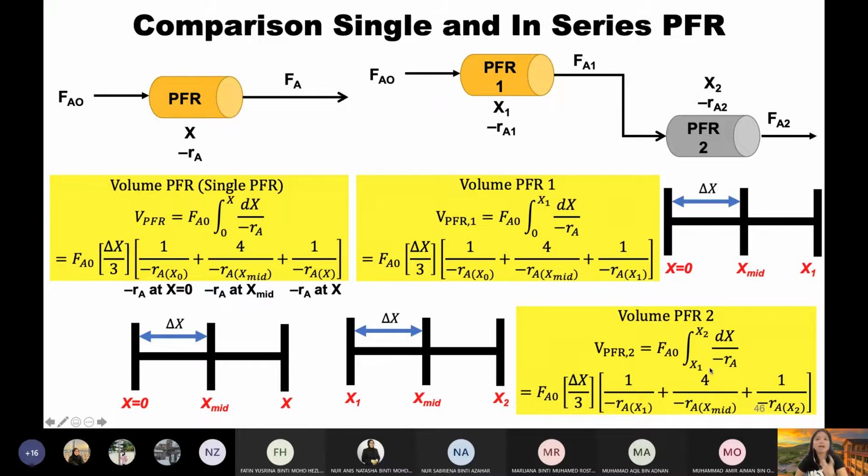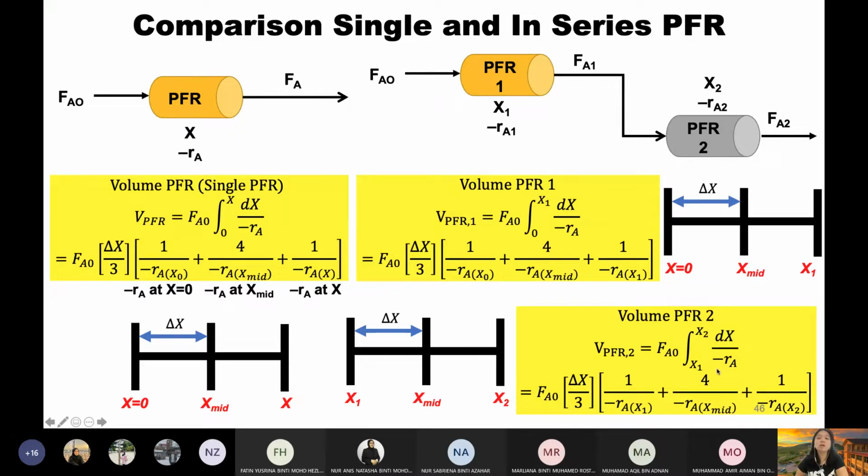Ni yang berubah sekarang. Sebab reaktor kedua, dia punya lower limit is X1. The upper limit is X2. Kita tak start dengan kosong balik. Kita start terus dengan X1 dalam reaktor kedua. So katakan dalam reaktor ketiga, X2 to X3. Reaktor keempat, X3 to X4. Okay, so kamu have to understand that part.